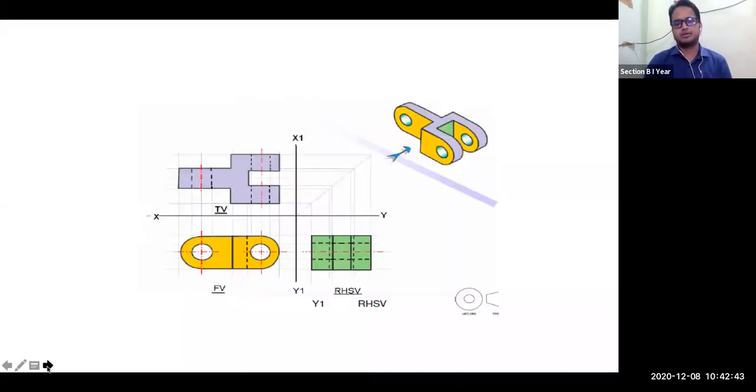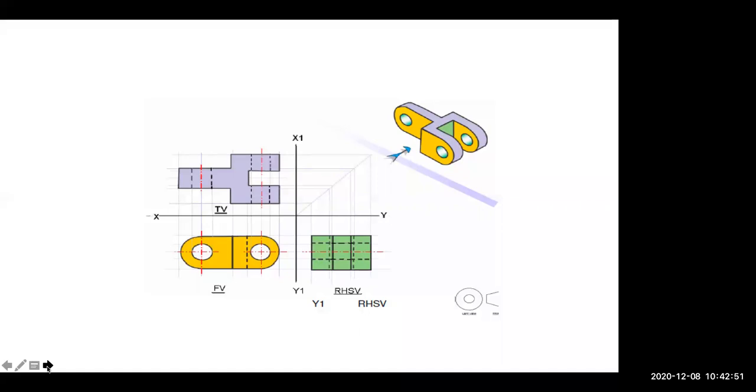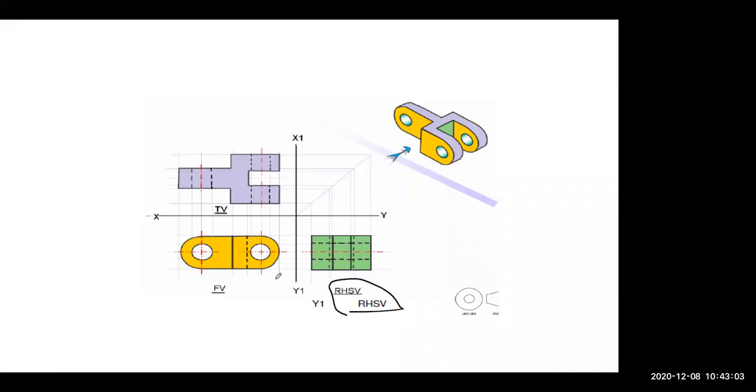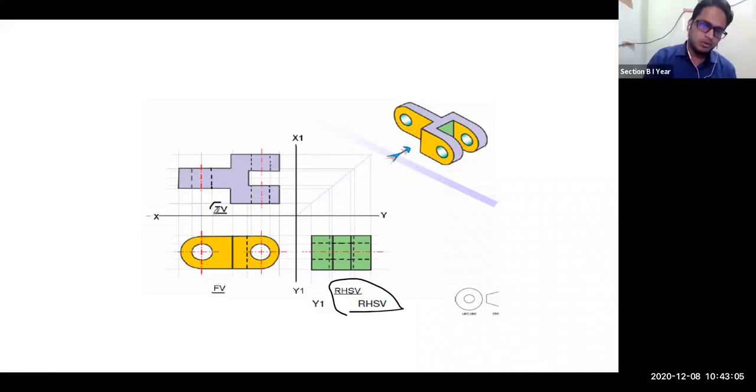So now this is your component. Again, is this first angle or third angle? Third angle. Okay, because this right hand side view is coming on your right hand side. And one more thing: the top view is above the reference line and the front view is below the reference line.